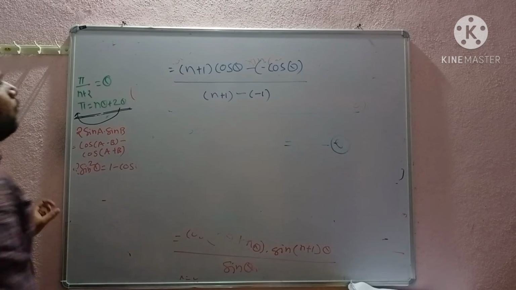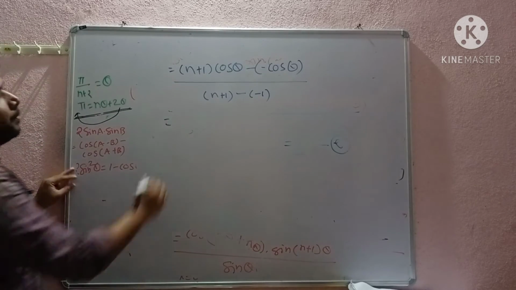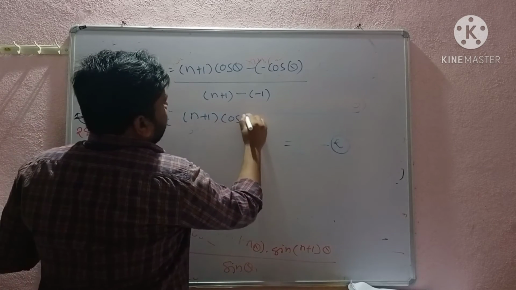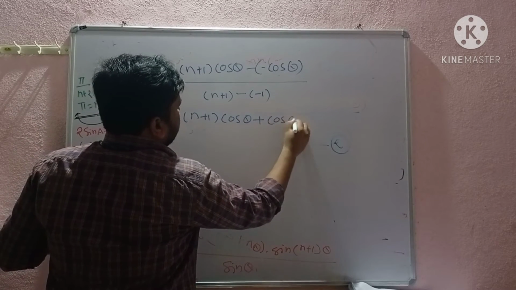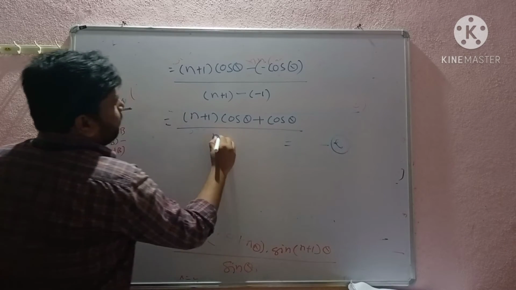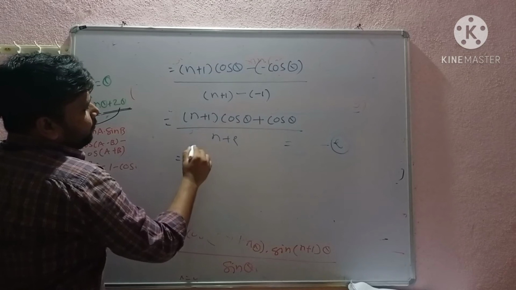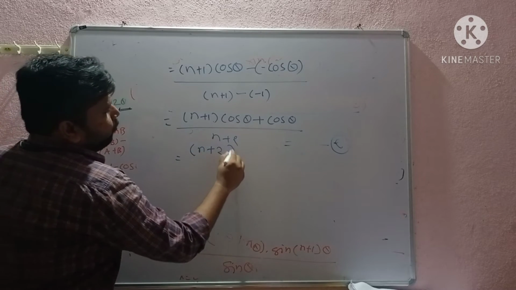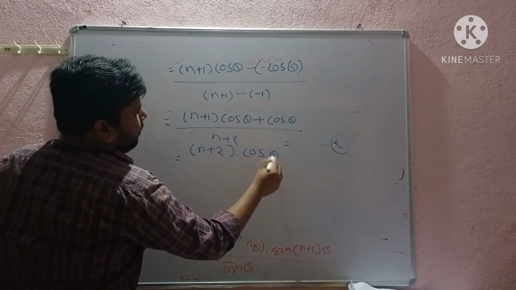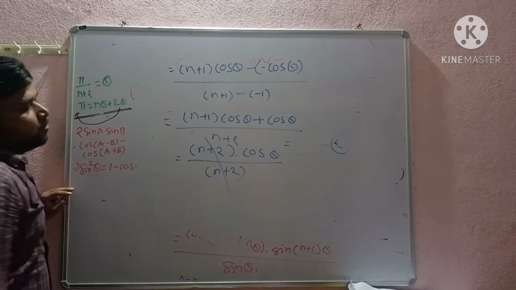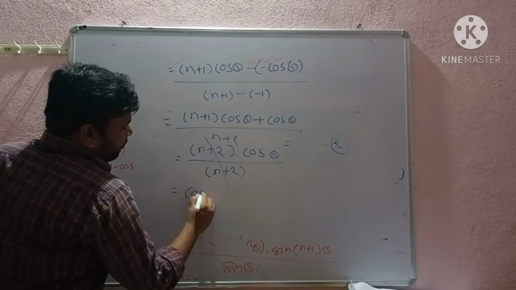Okay, now we will again simplify. This will become (n plus 1) cos theta plus cos theta divided by n plus 2. Now again take this common, we will get (n plus 2) into cos theta divided by n plus 2. Cancel out this n plus 2. This is simplified as cos theta.